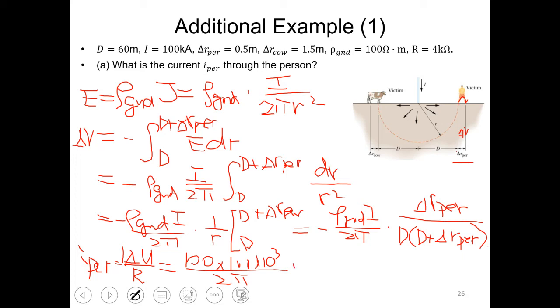Delta r_p is 0.5 meter, and d is 60 meters, so 60.5. Then times 1 over 4 kilo ohms. So the final answer will be 0.05488.